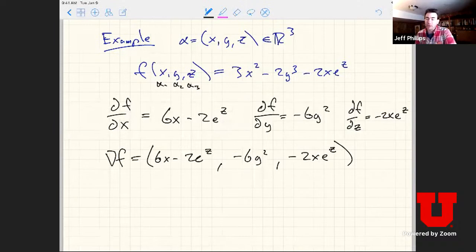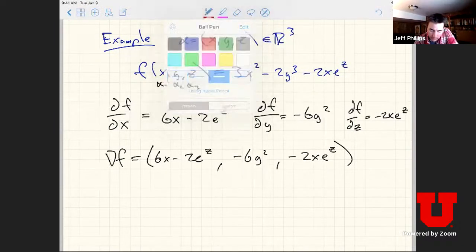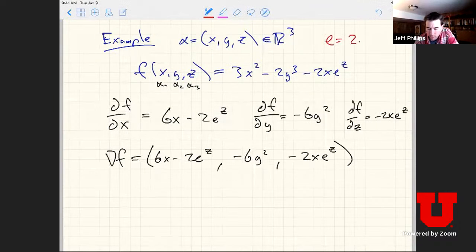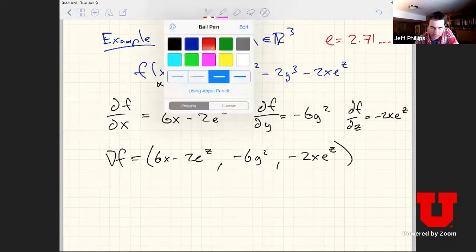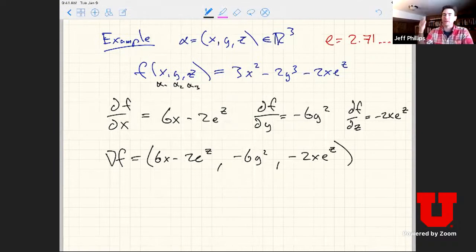And then I can evaluate this function. What is e here? e is 2.71. It's the base of the natural log. It's this thing that if you take e to the z and take the derivative with respect to z, you get back e to the z.